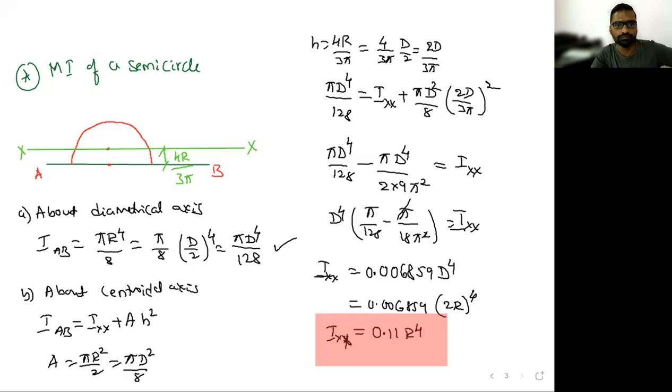Have you understood these two simple figures, all of you? Yes, sir. Okay, so now I will go for one composite section. For the composite section, how to determine the moment of inertia?